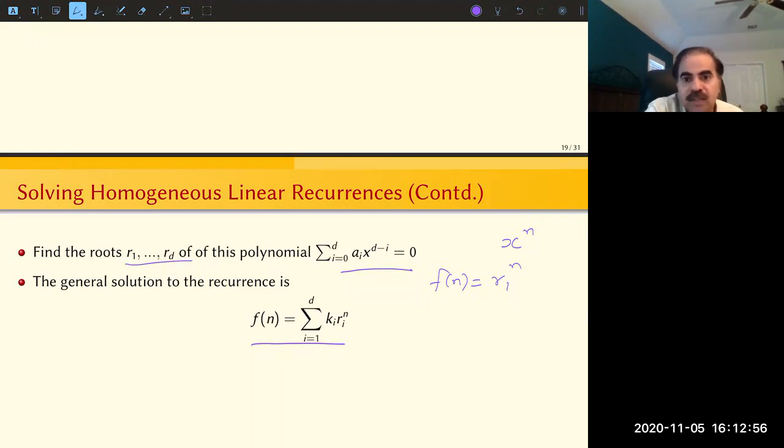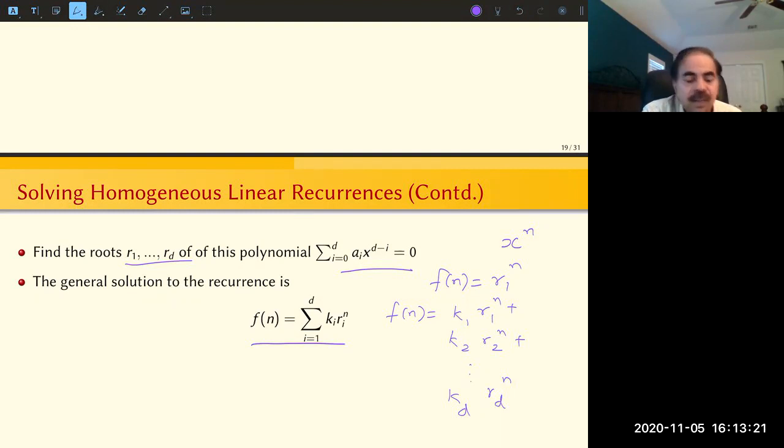So the most general solution for this equation is going to be of the form f of n equals k1 times r1 to the power n plus k2 times r2 to the power n.